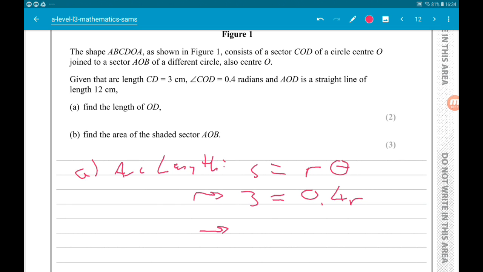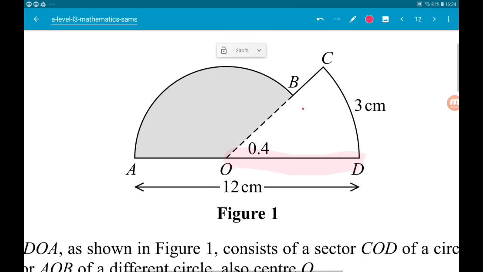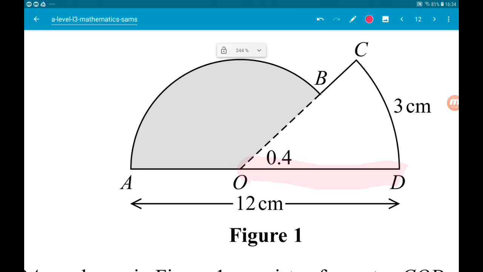We get R is equal to 7.5 centimeters. So we now know that this length is 7.5, which also then tells us this is 4.5.